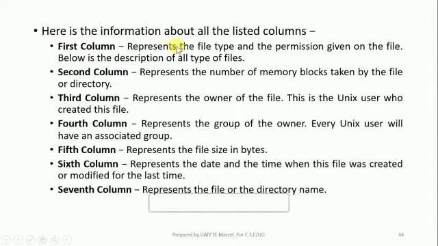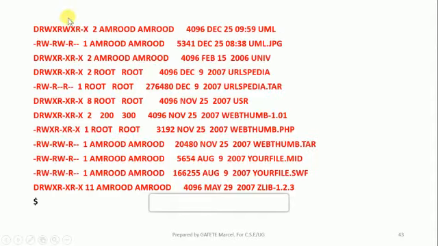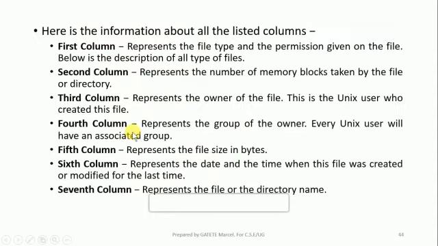For example, if I put d, this is a directory. File type is the directory. r is read, you can read the file. w is write. x is execute. Like this, we will see later.